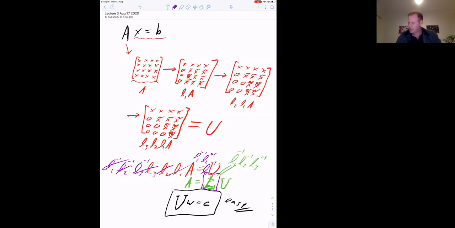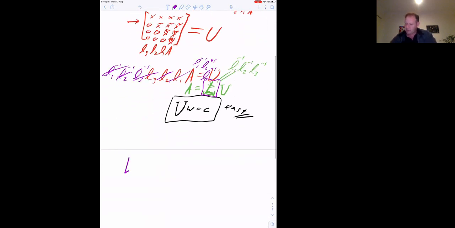Now, the nice thing about L, let's put L back to be green. The only color coding I have here is a bit of random color coding. So that L is actually going to turn out to be lower triangular.